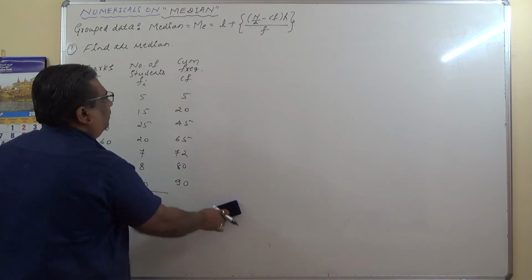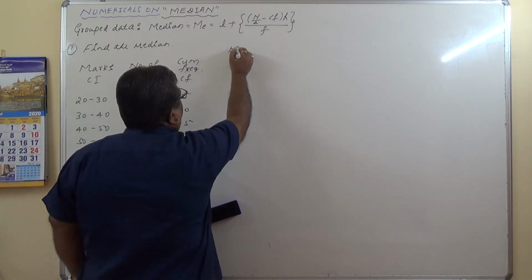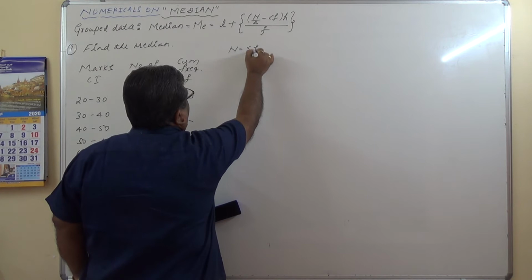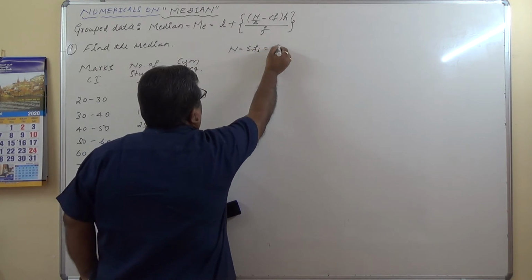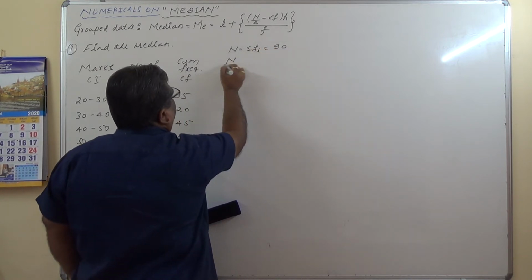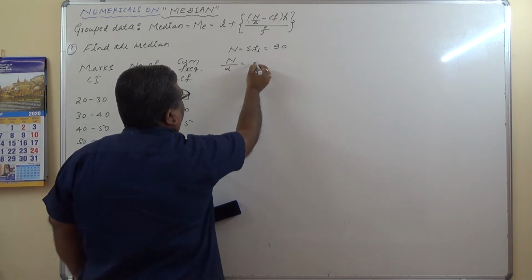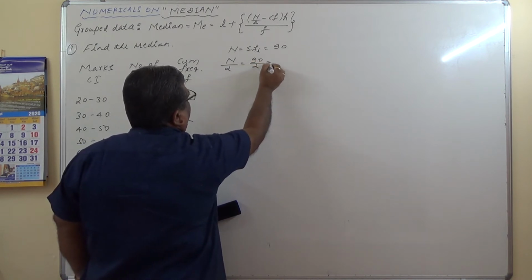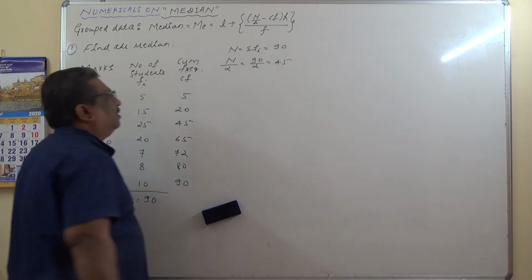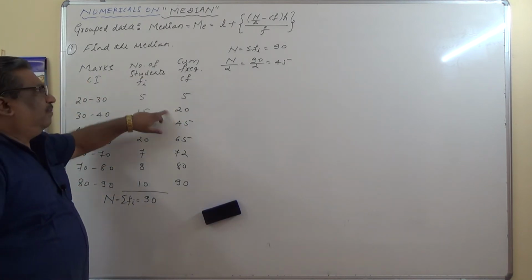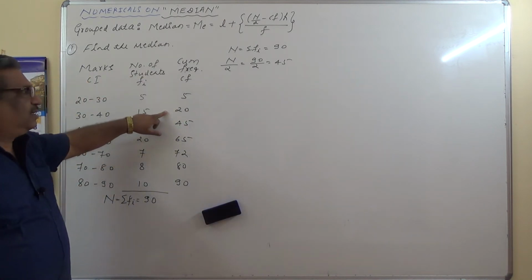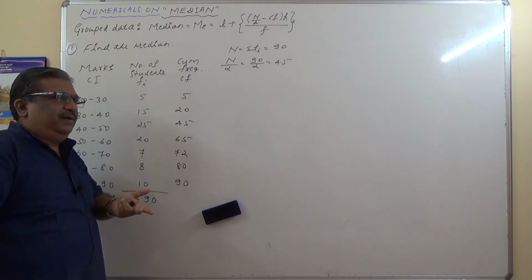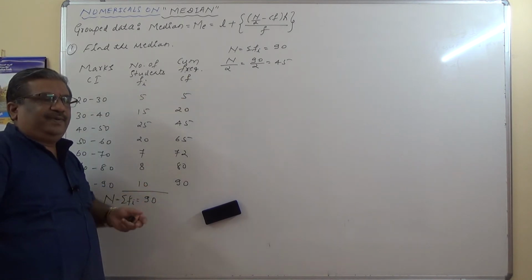How to solve this problem? Here n equals sigma fi equals 90. Therefore n by 2 is equal to 90 by 2, which is 45. Locate 45 in the CF column and mark the median class. If 45 is not available, then just the value greater than 45 is to be located.